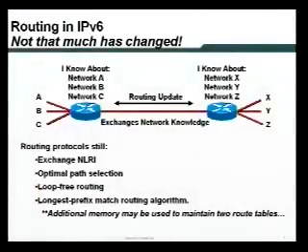As far as the routing is concerned, nothing has changed. You're still doing the longest prefix matching. All the routing protocols which are there for IPv4, you have support for IPv6 also. There are some minor changes in the protocols, but the way they behave is pretty much the same in all the protocols except OSPF, right?